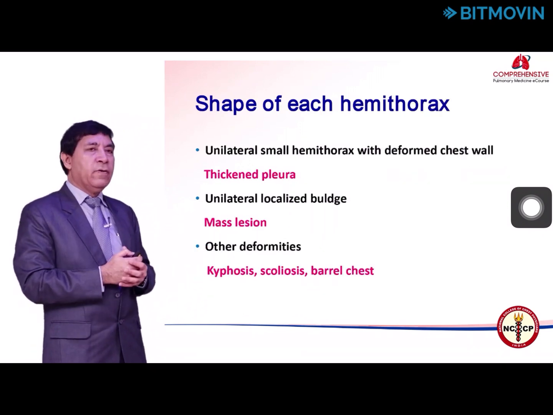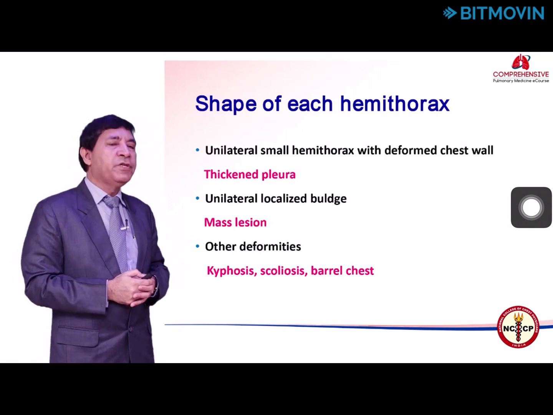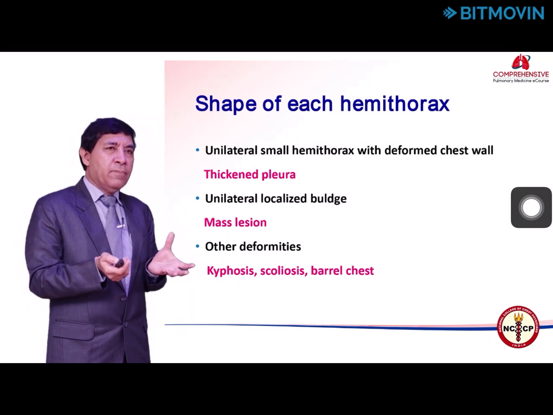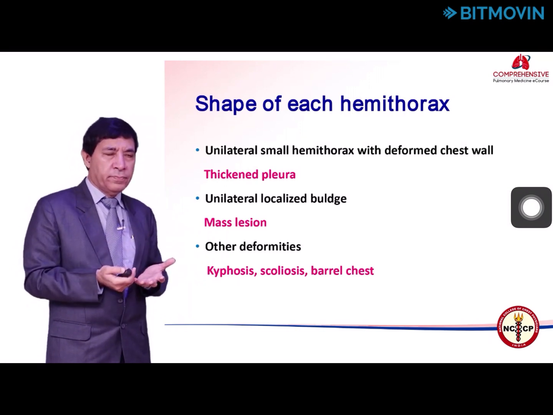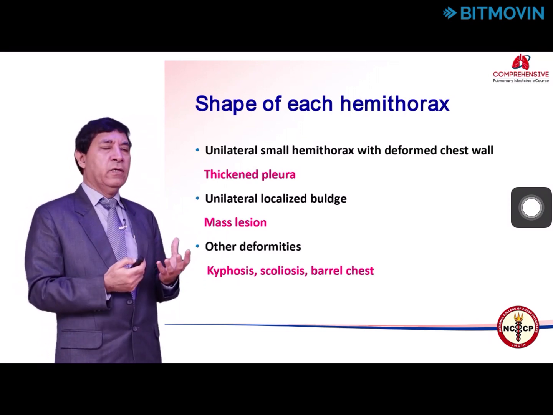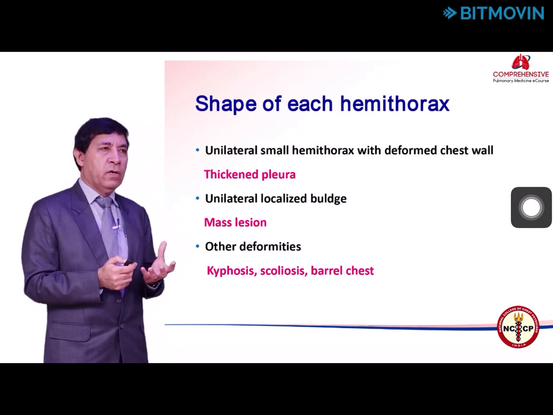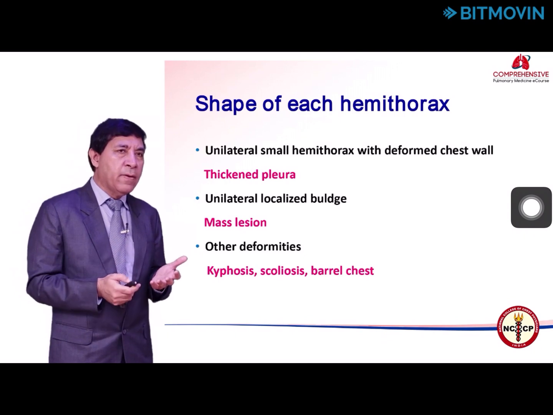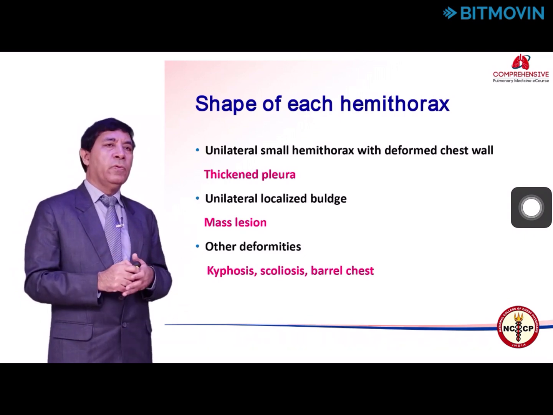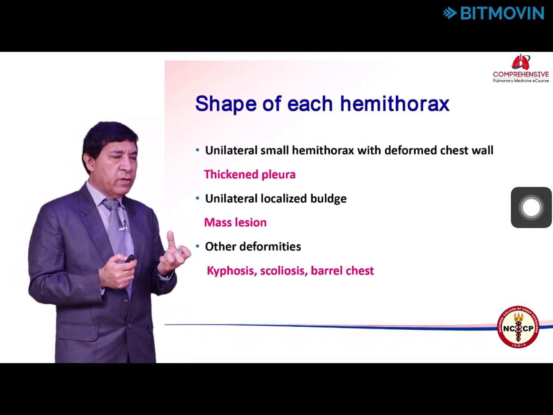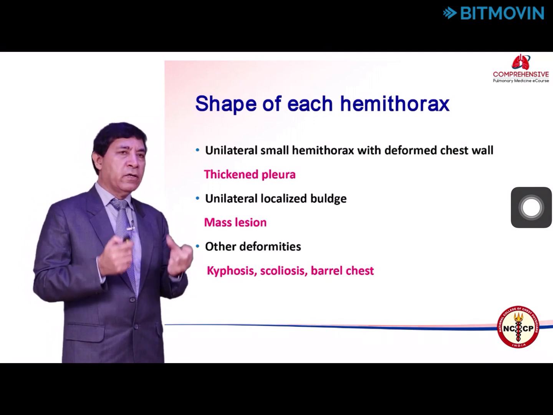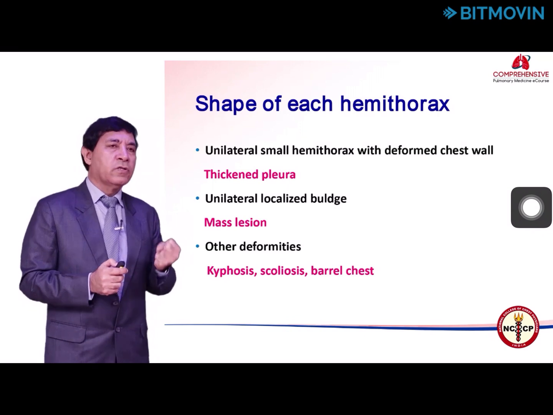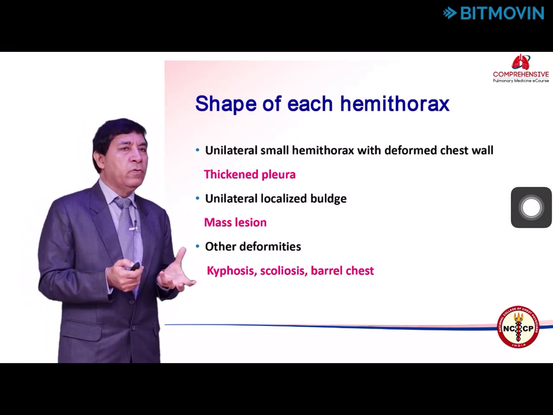The next sign which you should look for on inspection is the shape of the hemithorax, and the shape of the hemithorax is decided by the chest wall. So if there is any pathology which involves the chest wall, particularly a pleural fibrosis involving the parietal pleura and the chest wall, which will result in fibrosis and contracture of the intercostal spaces, then it will lead to deformity.